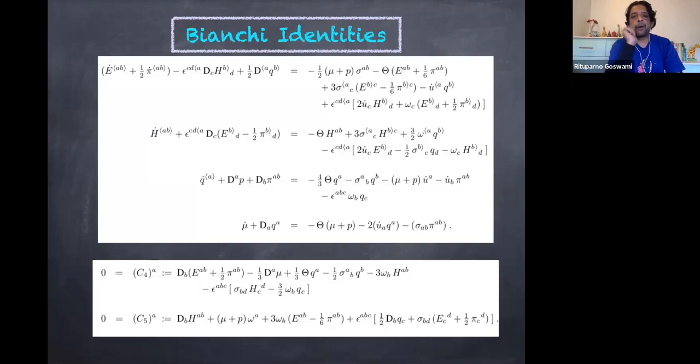Now you see, all these variables are covariantly defined. So whatever is 0 in the background, by definition, becomes gauge invariant. If the background is Friedmann, Lemaitre, Robertson, Walker, FLRW, then all the Weyl curvature quantities, the shear, the vorticity, the heat flux, the anisotropic stress, everything is 0 in the background. So by definition, they are gauge invariant. We don't have to think about that.